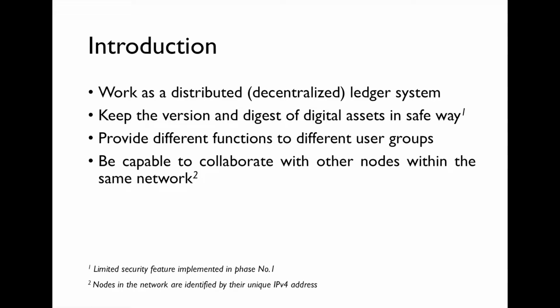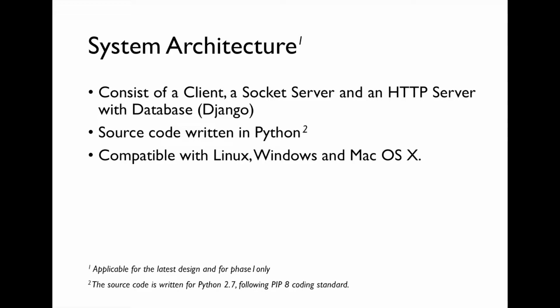Now, let's move to our system architecture design. As I mentioned before, our project is designed to be a distributed application. The source code of our blockchain platform consists of three projects: a client program, a socket server, and an HTTP web server with database, which is implemented by using Django framework.